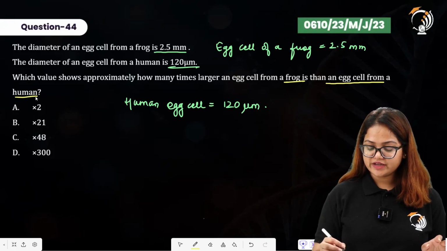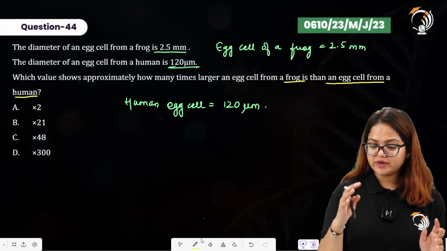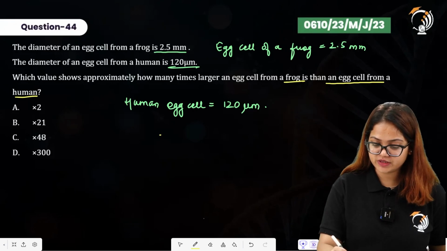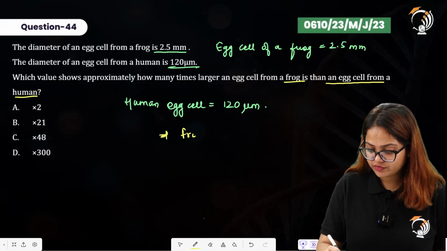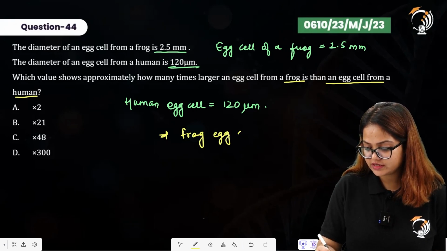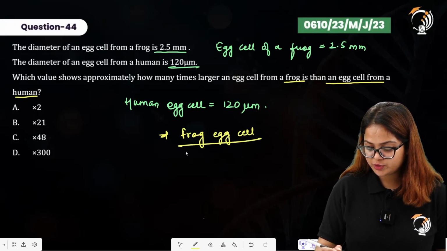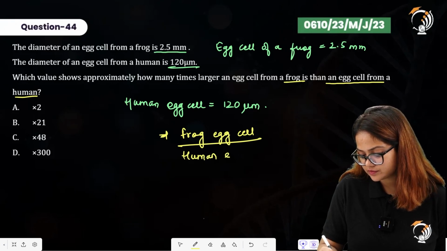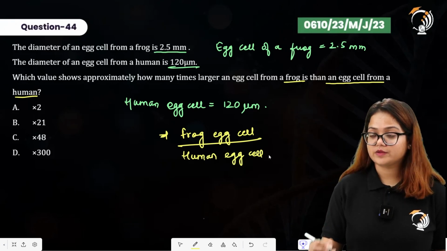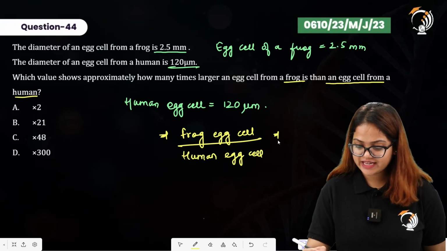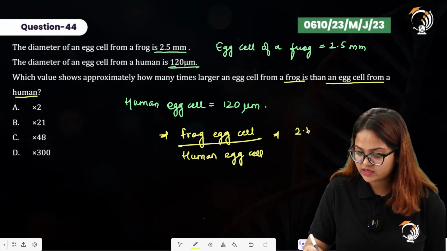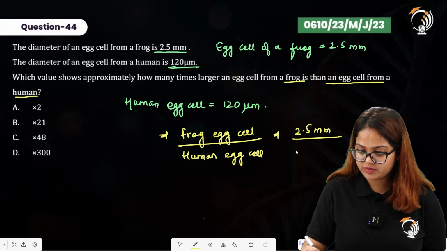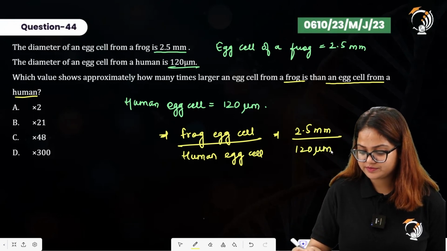You have the formula here: you have to compare the frog egg cell with the human egg cell. So we will put the frog egg cell in the numerator, and in the denominator we have the human egg cell. The frog egg cell is 2.5 millimeter, and the human egg cell is 120 micrometer.